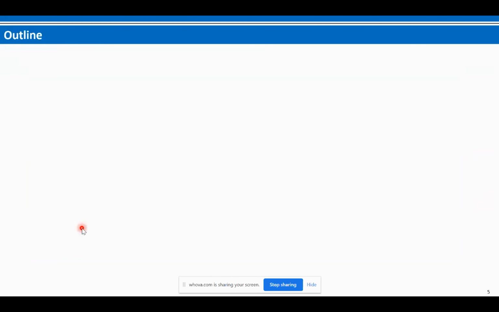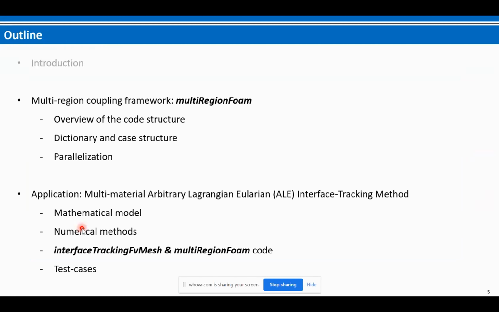Moving next to the outline. That was my introduction. For the rest of the talk, we first have an overview of the main structure of the code, which we call multi-region foam. The name, hopefully, is not to be confused with other existing codes.